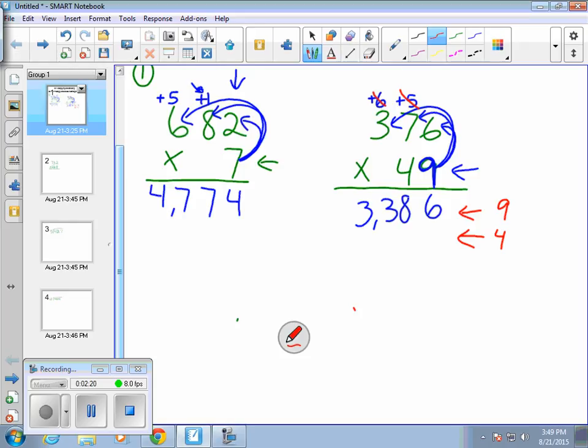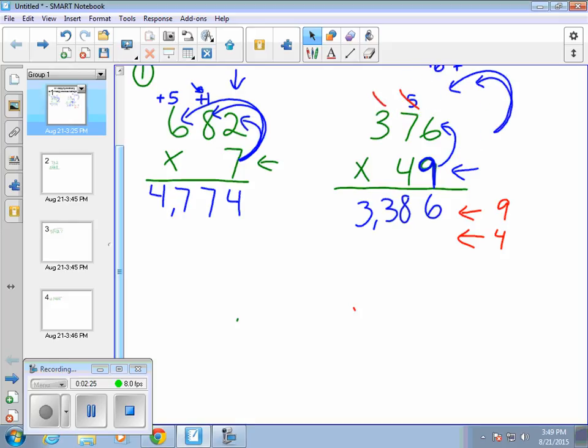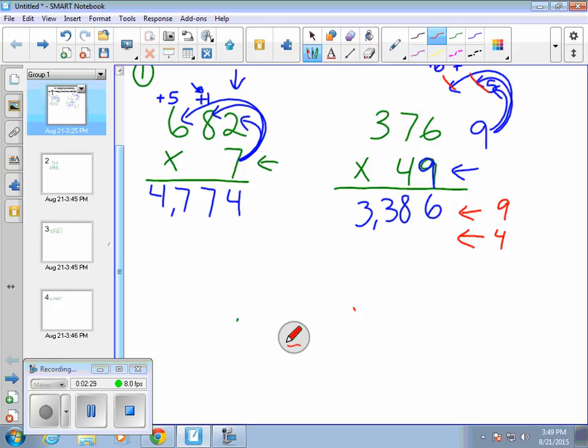So now we're going to take and multiply the 4 times all of our numbers. We're going to go 4 times 6, which is 24. I've moved over in my place value, so I need to line up my answer underneath that same place value, 24.